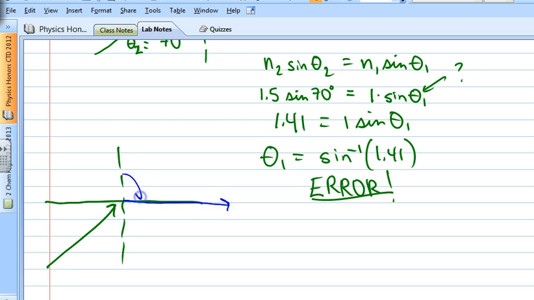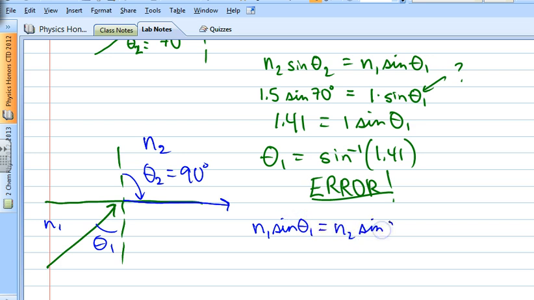And at this point, theta refracted is 90 degrees. So this is N2 and this is N1 and theta 1. So what we can write is that N1 sine of theta 1 is equal to N2 sine of 90 degrees. And in this diagram, this is actually theta critical. So that's what we're looking for.